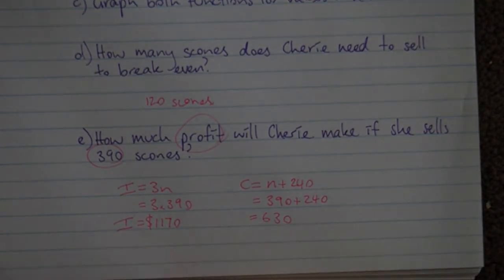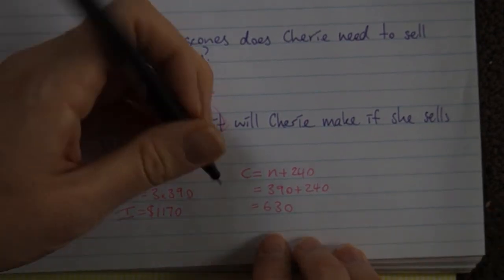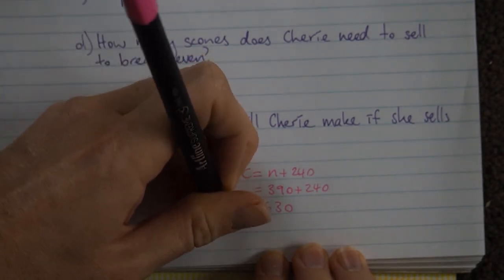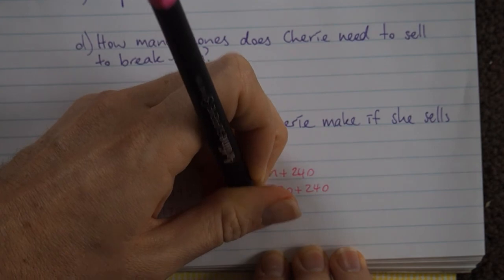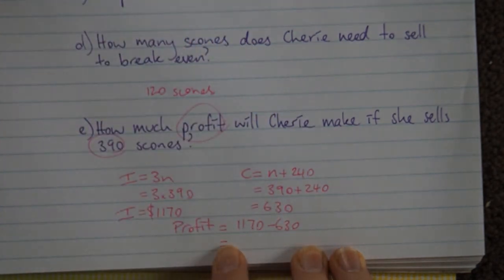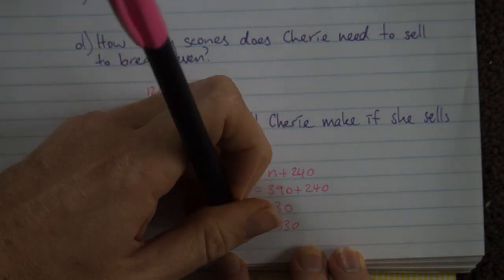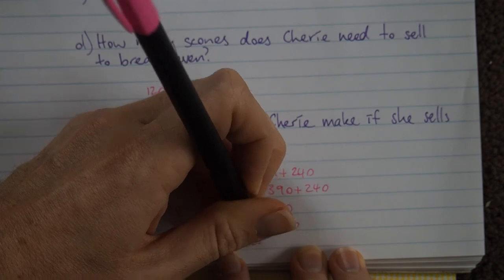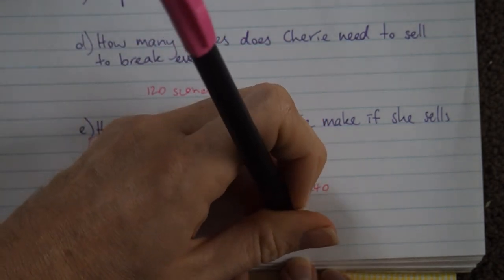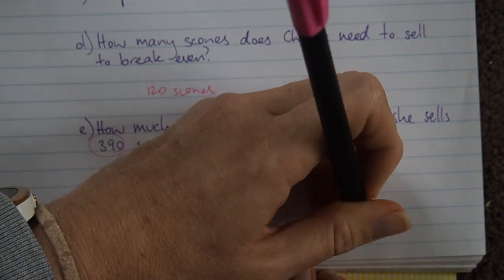She receives $1,170 from selling the scones. So her profit is going to be 1170 minus 630, and that leaves her $540 when 390 scones are sold.